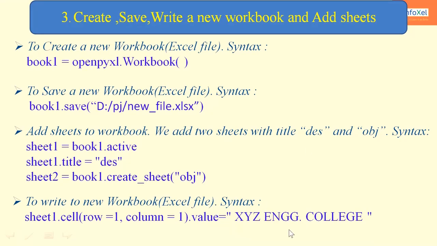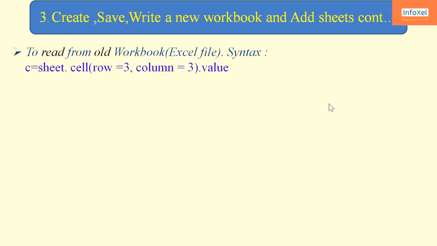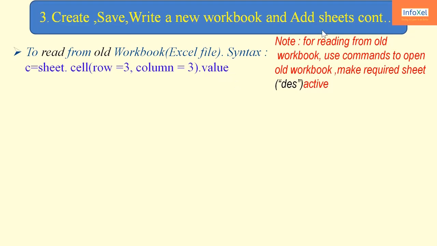Now next, we will see how to read data from an old workbook. This is the syntax we already demonstrated. Note, a very important thing: for reading from an old workbook, use commands to open the old workbook first.